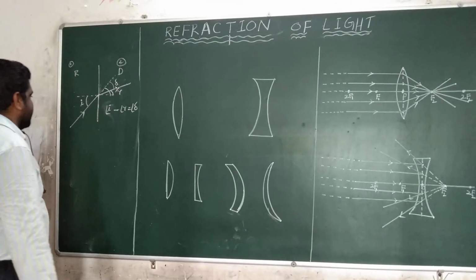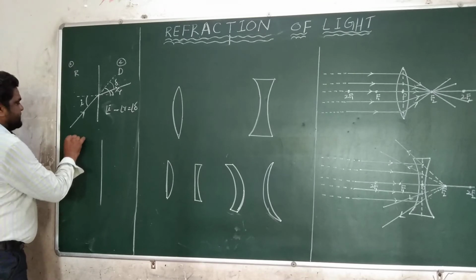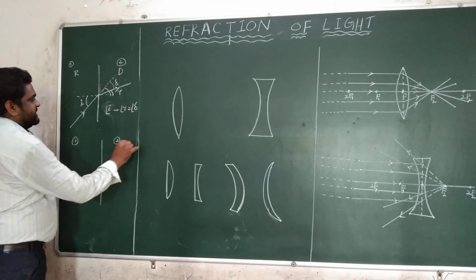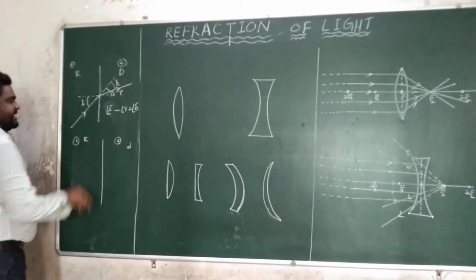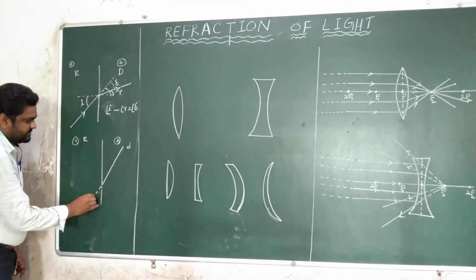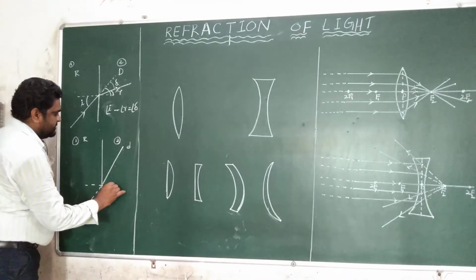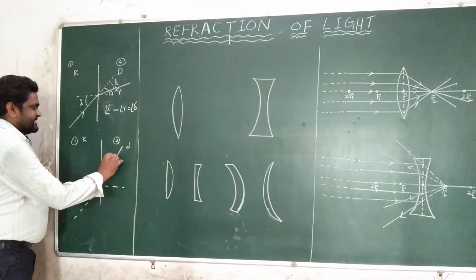Similarly, in another case, the light travels from the denser medium to the rarer medium. This is the denser medium, this is the rarer medium, and this is the incident ray.